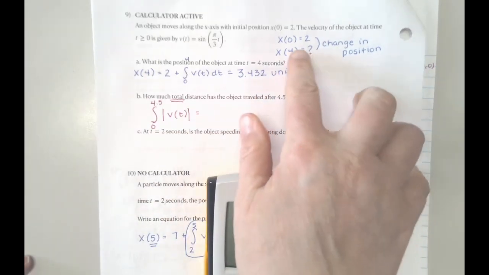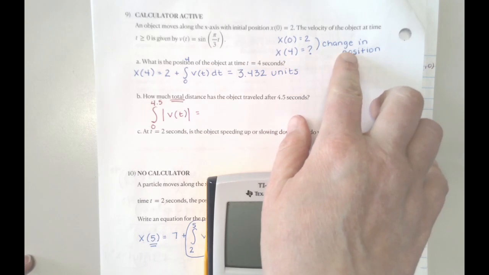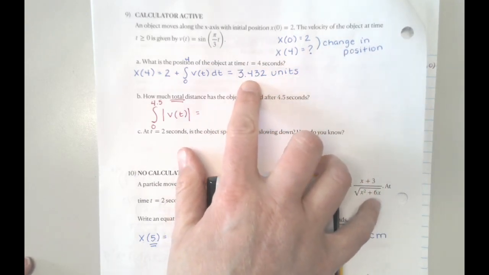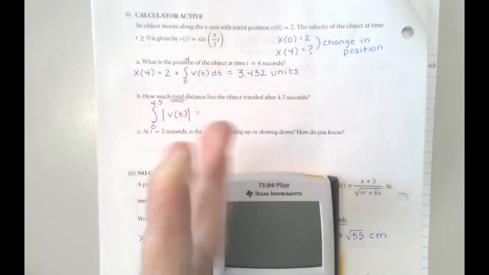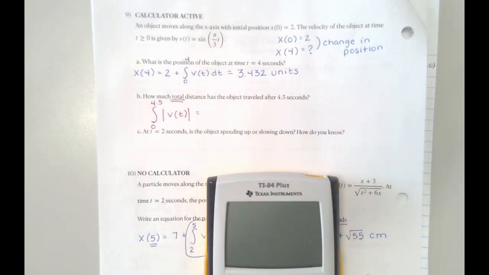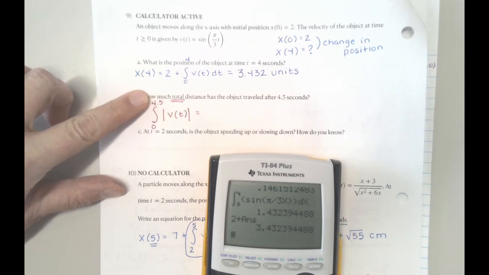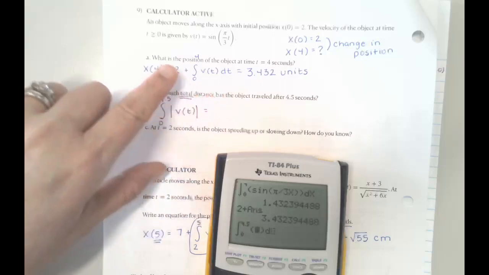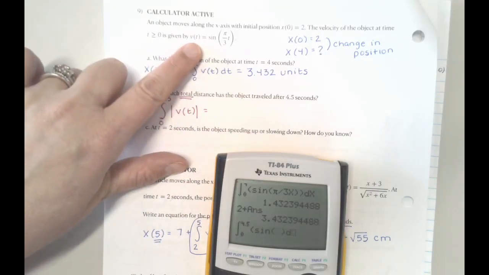So remember a second ago we said that from 0 to 4 our change in position was like 1.432. What I really want to know is, was that all positive or was there some negative mixed in there? And that's what this is going to tell me. This is 0 to 4.5, and then I'm typing in my function, which is sine of pi over 3x dx.